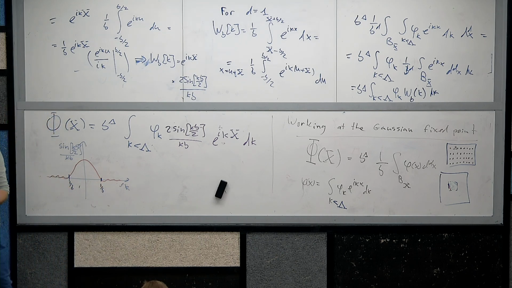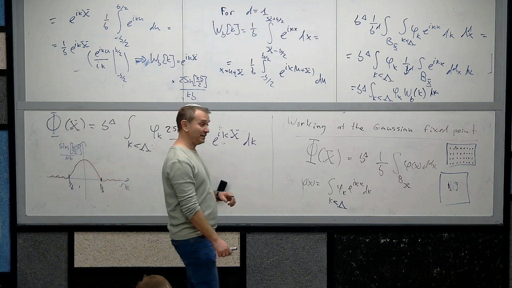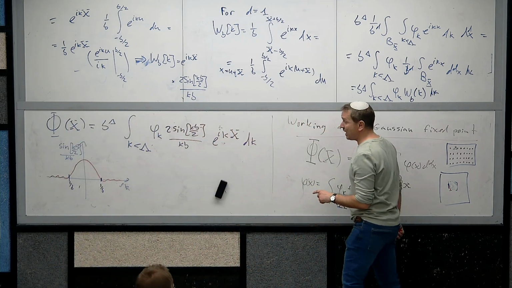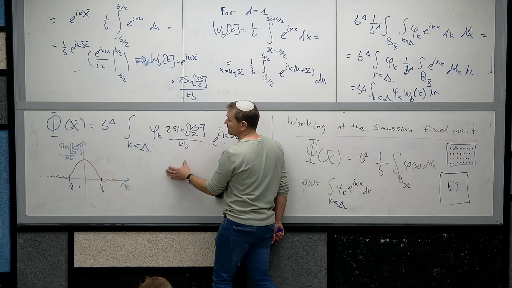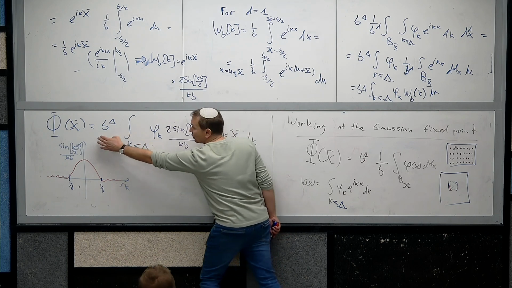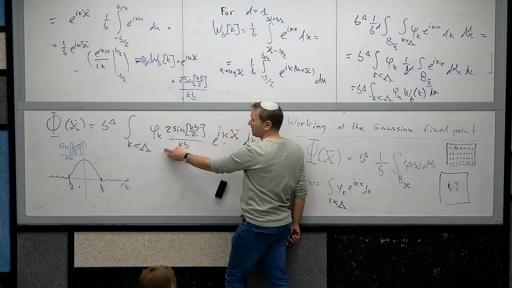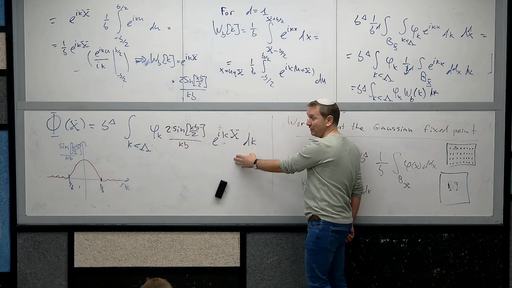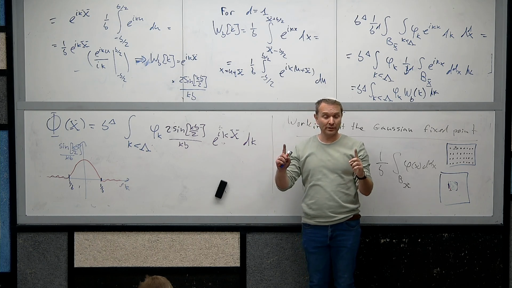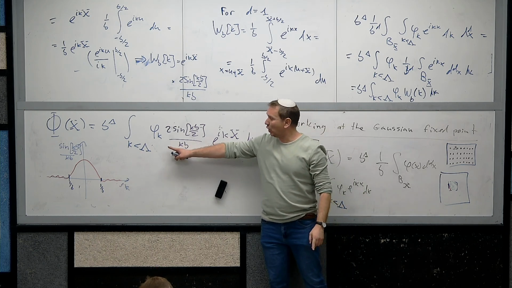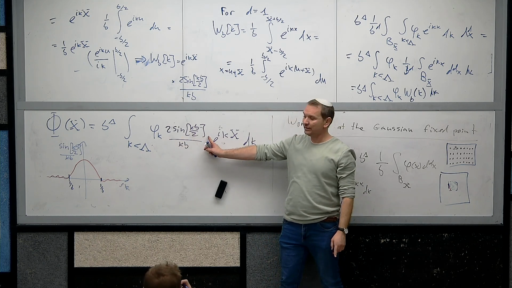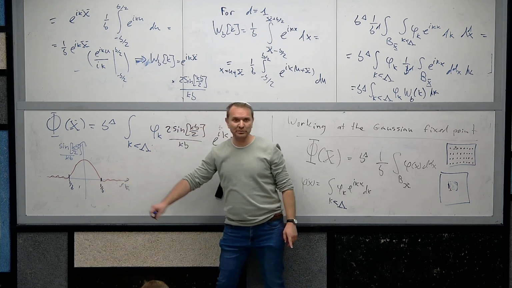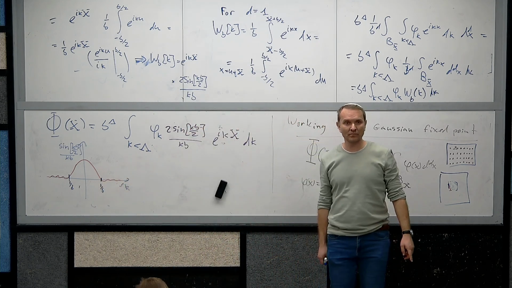So the averaging procedure in k-space tells us, all right, you look at phi of X times b to the delta, as if what you've done is you've killed all the k's that are larger than 1 over b. Right? That's it.